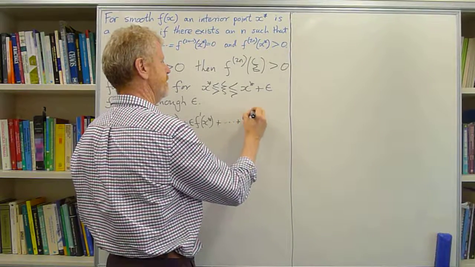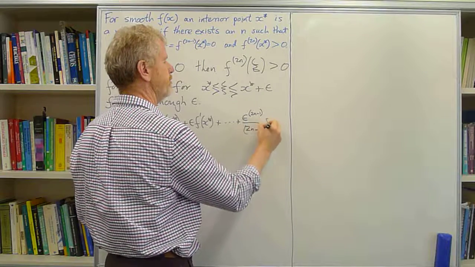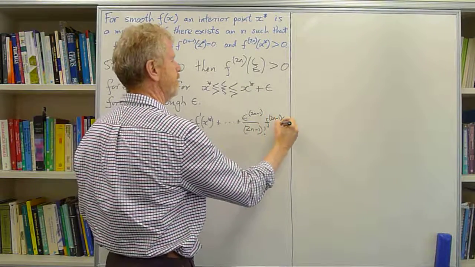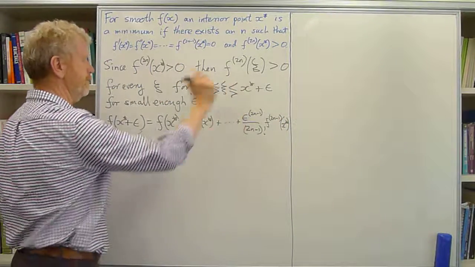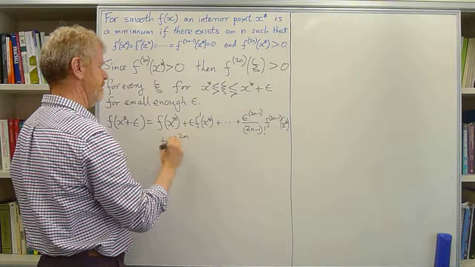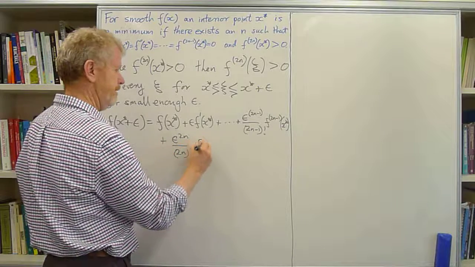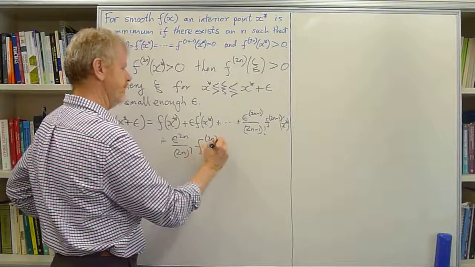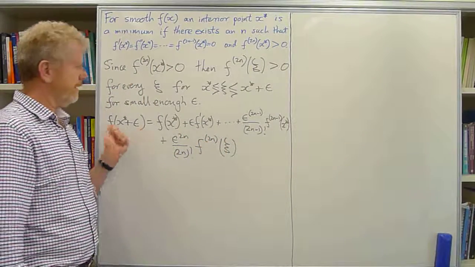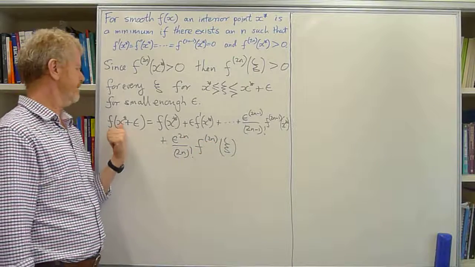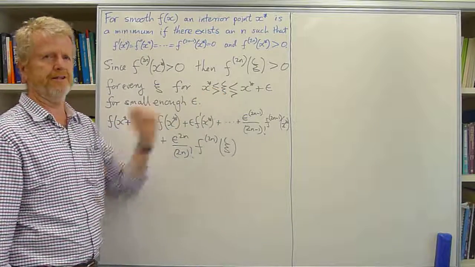So that'll be epsilon to the 2n minus 1 over 2n minus 1 factorial times the 2n minus 1 derivative at x star, plus the remainder term, which is going to be the 2nth term: epsilon to the 2n over 2n factorial times the 2nth derivative of f, evaluated at some psi that's in between x star and x star plus epsilon. In other words, some psi like this.